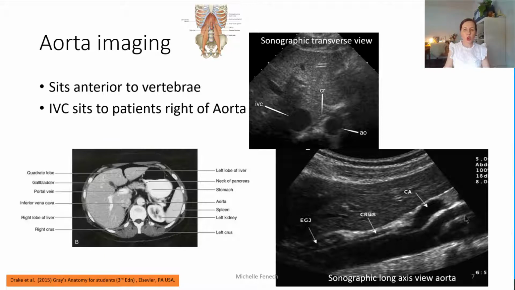We can do a long axis sonographic view of the aorta. It takes blood away from the heart, so this is towards the head and the feet, so it's taking blood down this way, and the vertebral column will be sitting posterior to it here.